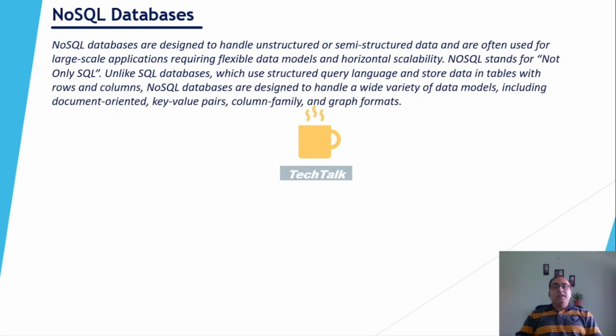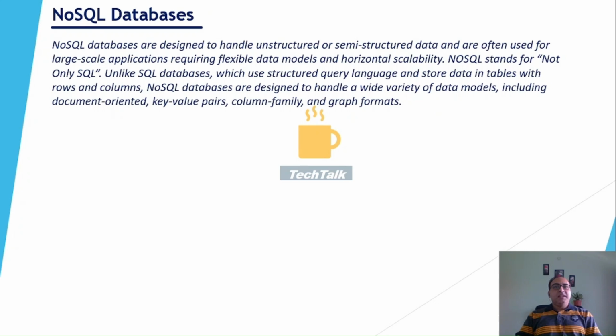Now, NoSQL stands for not only SQL. It doesn't mean NoSQL does not have SQL. It has SQL, but with very limited features. You cannot write complex queries in NoSQL databases. In SQL databases, we store information in the form of rows and columns within tables.